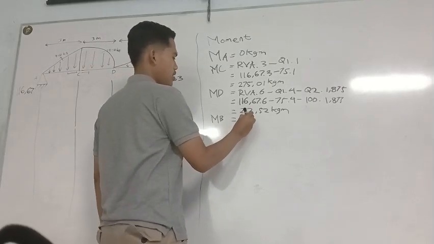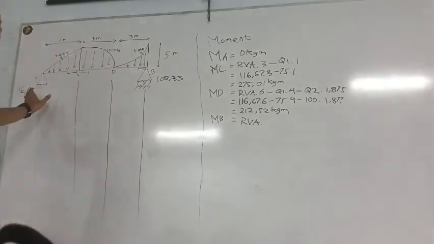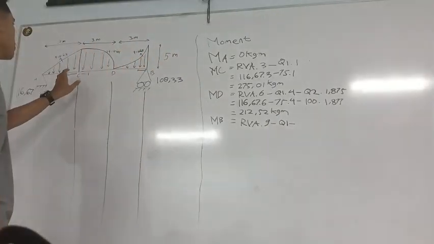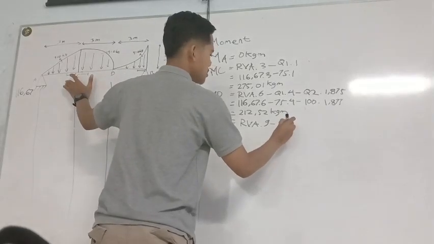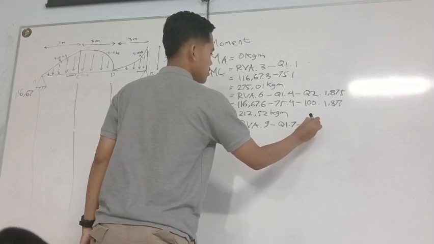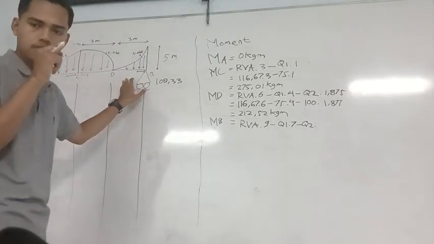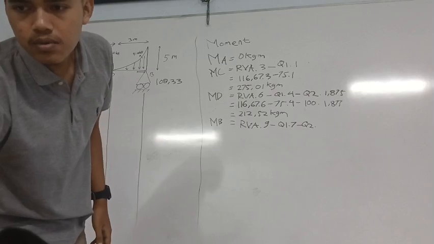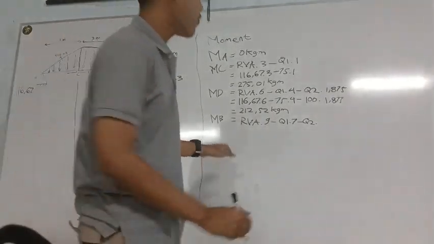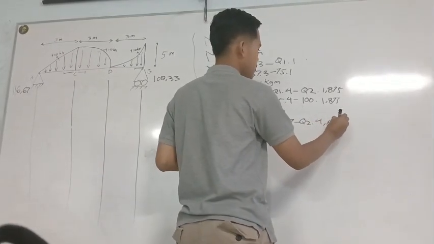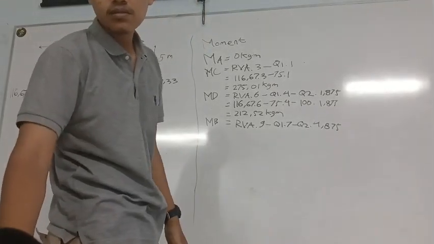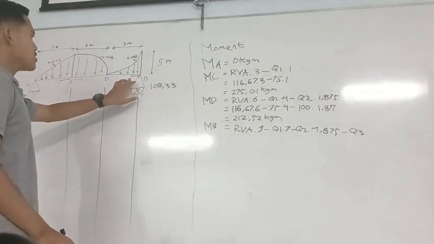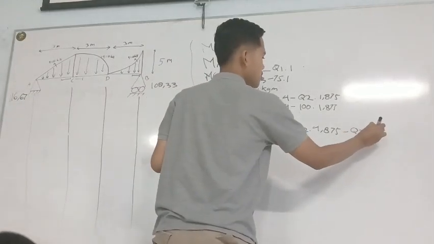So MB is RVA times the distance from RVA to B, which is 9, minus Q1 times the distance from Q1 to B, which is 7, minus Q2 times the distance from Q2 to B, which is 4.875, and then minus Q3 times the distance from Q3 to B, which is 0.75.